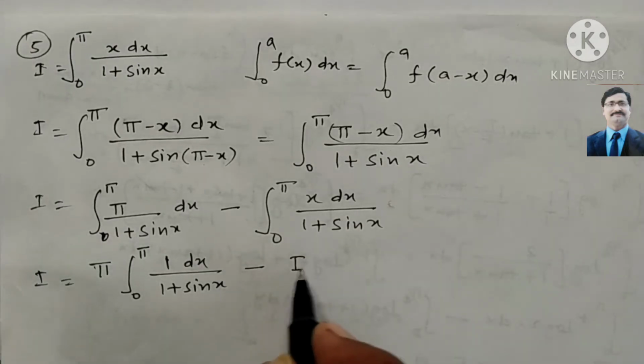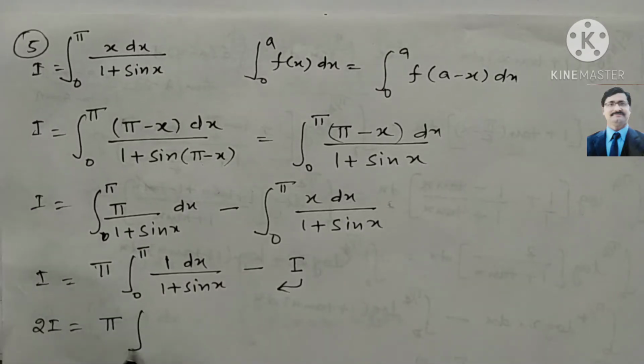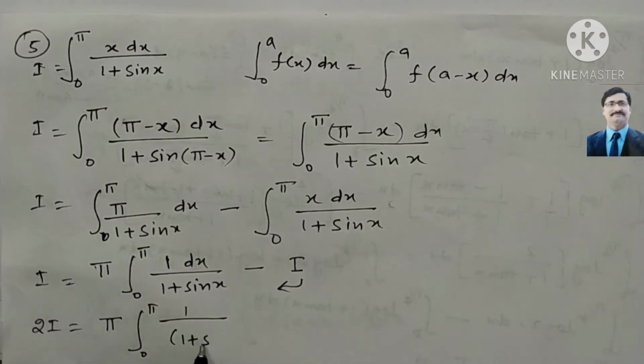And this is I, so we can take it to the left hand side, I plus I, we get 2I equal to pi times the integral 0 to pi of 1 upon 1 plus sin x.